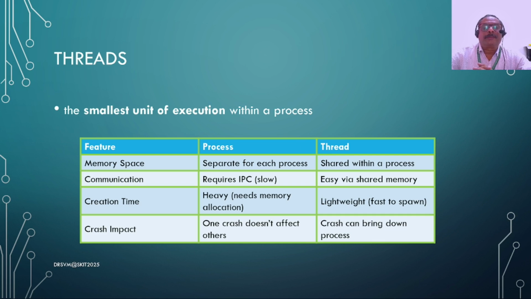So if one process crashes, it doesn't make any difference to other processes, but threads are under one process, and if one thread fails, definitely the whole process is going to get affected. So that's another difference. We need to be very careful with the thread version, because if any thread fails, then the whole process will also fail.